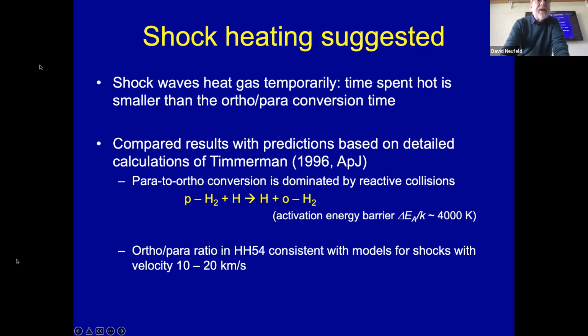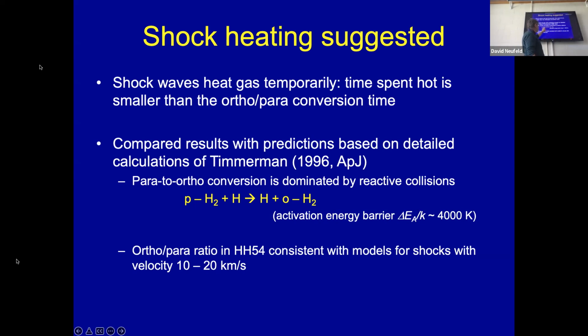And we had some detailed calculations that basically showed that we were seeing what we might expect if ortho-to-para conversion occurred by so-called reactive collisions, where you have a collision between a hydrogen molecule and a hydrogen atom, and basically a bond is broken and you're forming a new molecule, then you can convert from ortho to para H2.